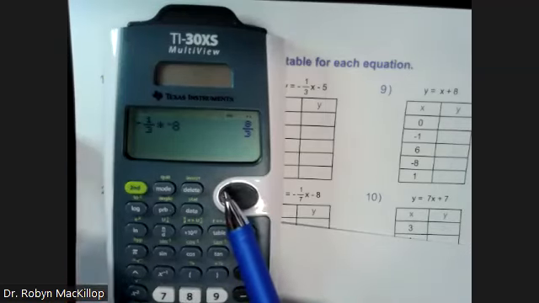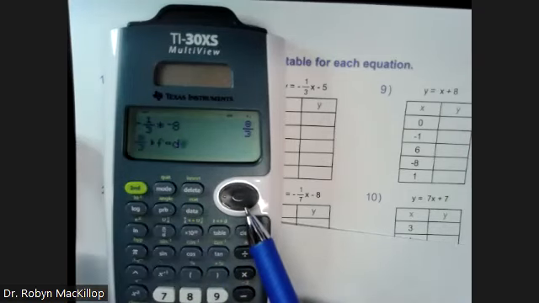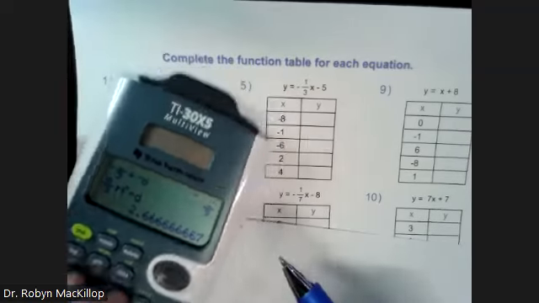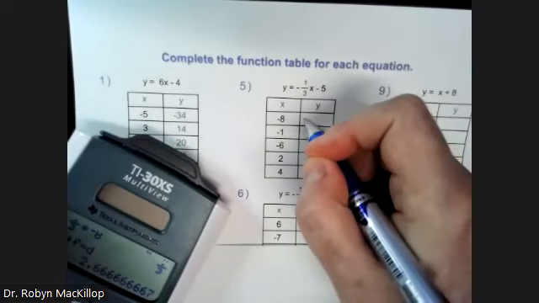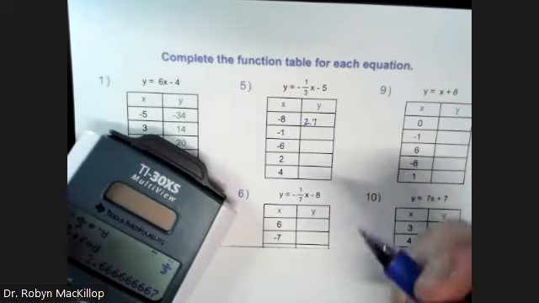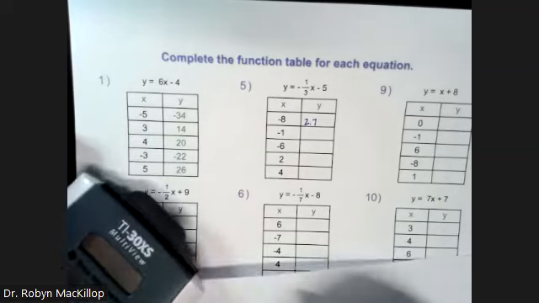We're going to hit the green button, then this button, enter, 2.66666. So this is going to be 2.7. Again, decimals are not great in graphing, but it happens.